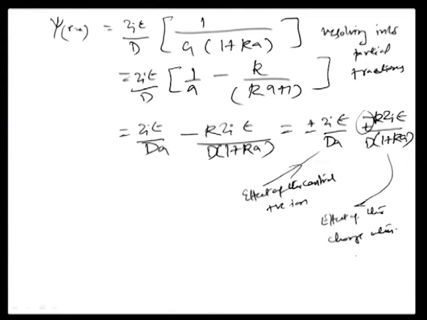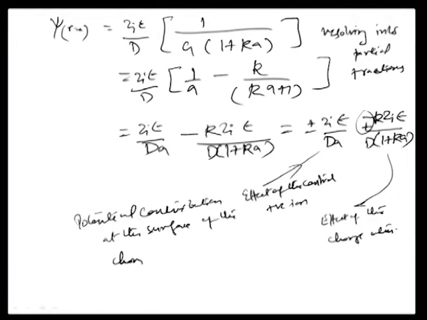So, therefore, the potential contribution at the surface of the charge would come due to the ion itself and due to the atmosphere of the ion, and the equivalent radius of this ion atmosphere can be treated to be 1 plus k a by k.